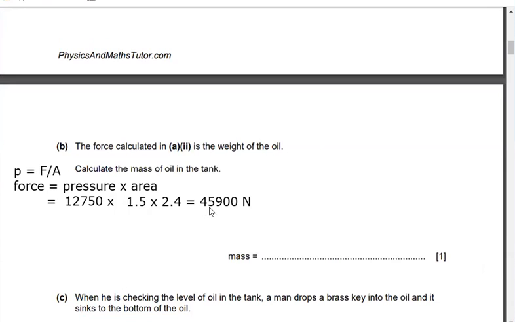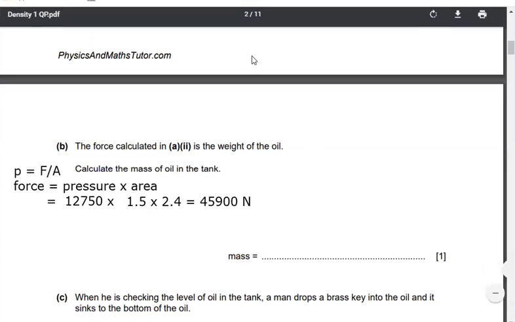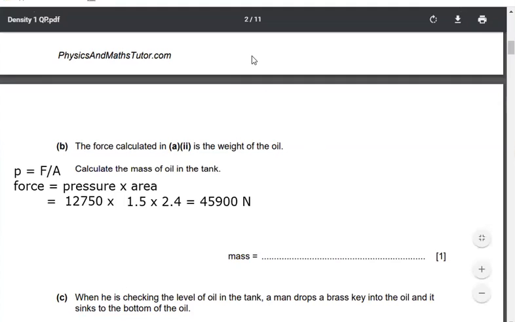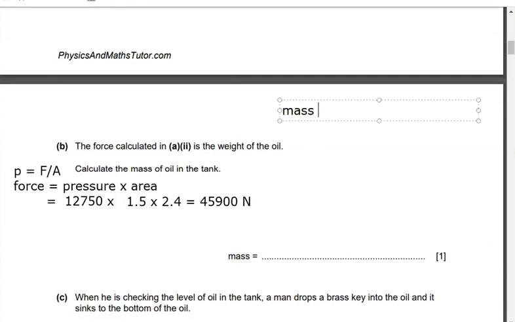So mass will be equal to force divided by 10, that is 45900 divided by 10. The answer is 4590 kg. Clear?